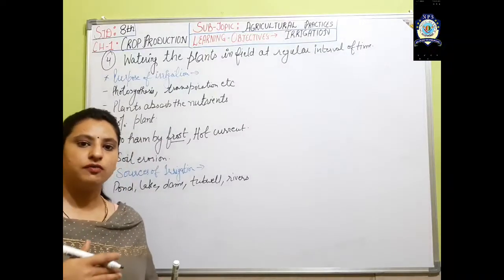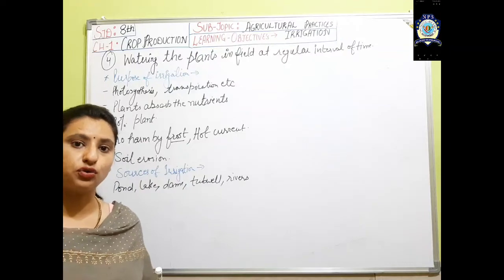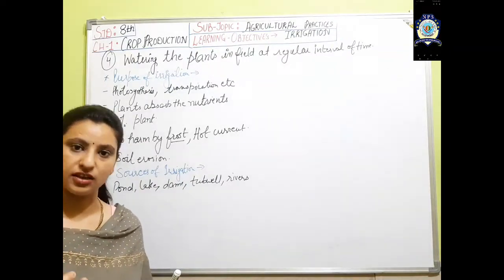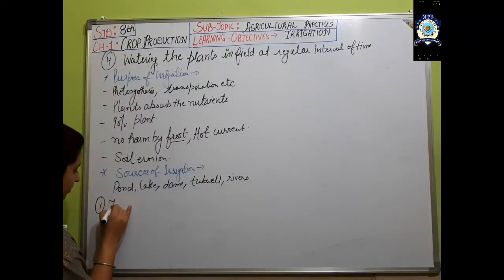Now we will see what are the two methods by which we can go for the process of irrigation. The first and foremost method is the traditional method.